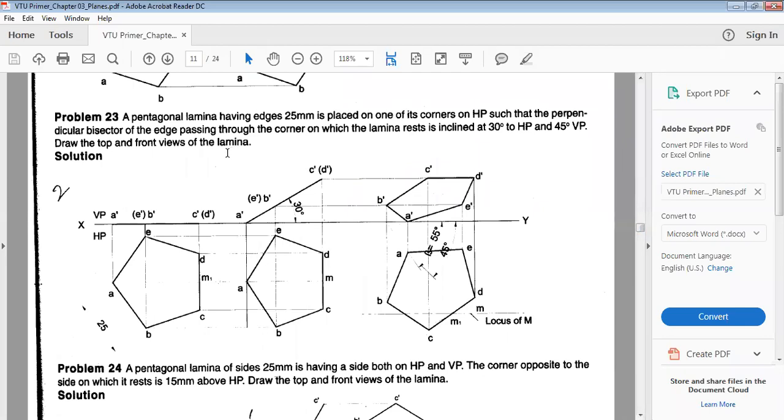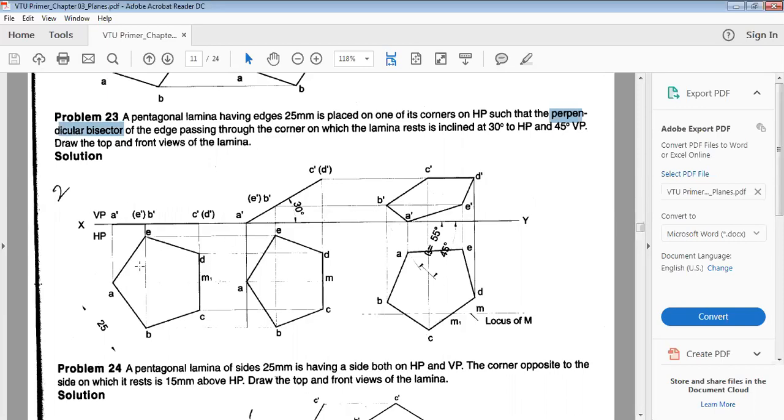Problem number 23. A pentagonal lamina having edges 25 mm is placed on one of its corners in HP such that the perpendicular bisector, see here, the word which is given, you have to be very, very careful and select the word perpendicular bisector.